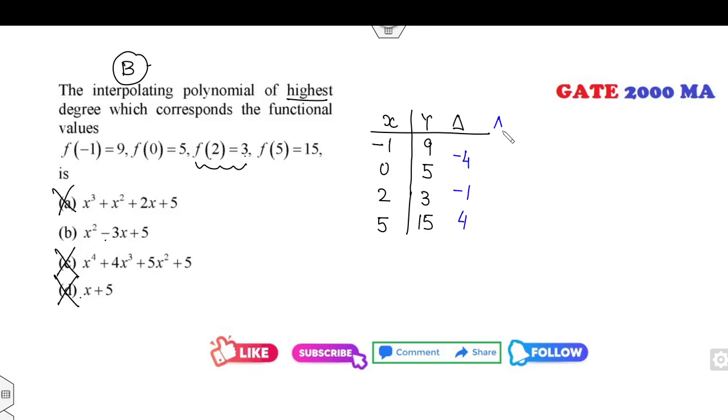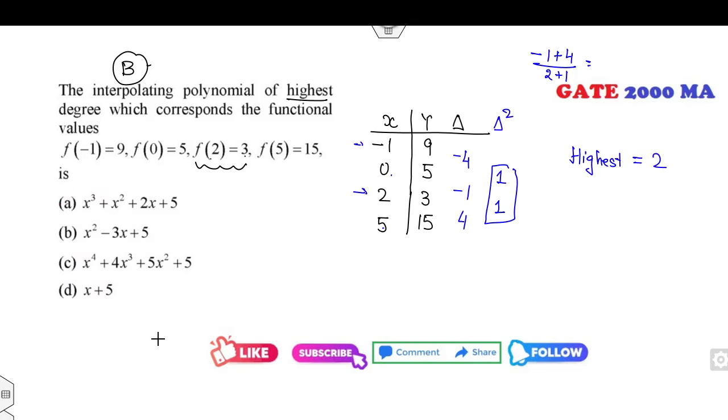They are not the same. I can find the second: minus 1 plus 4 divided by 2 and 1. So that's 3, plus 3 divided by 3 is 1. 5, 5. Now you can see these numbers are the same. The highest degree is 2. And you can see from the options, you can discard them directly. Degree 3, cancel. Degree 4, cancel.